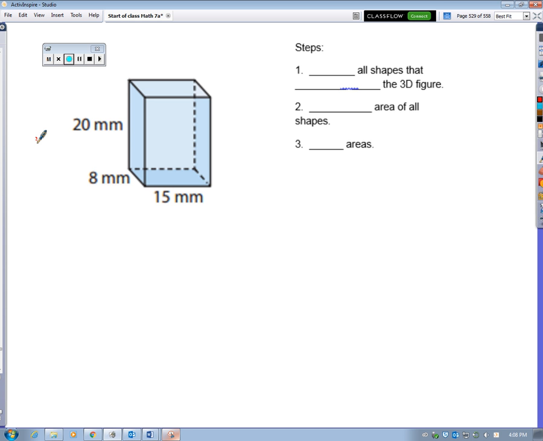We have a left side, a right side over here, a top, a bottom, the front, and then around on the other side we have the back. So we have a total of 6 sides that this shape is made up of, and we're going to find the area of all 6 of those sides and then add it up.